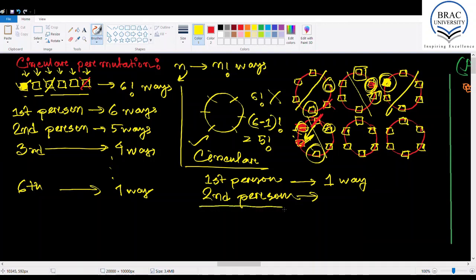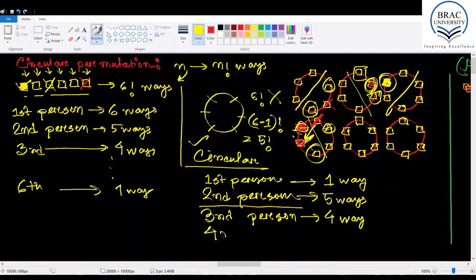So for the second person, since there are 5 empty seats, there will be a total of 5 ways to sit. For the third person, there will be 4 different seats available, and he will get different views sitting in those 4, so there will be 4 options.